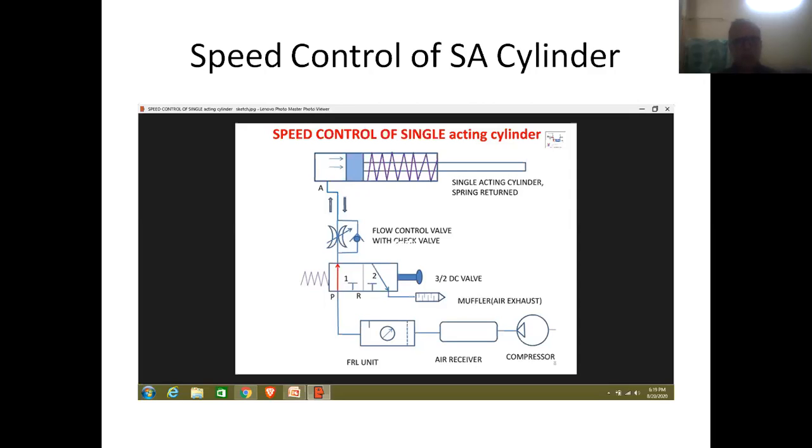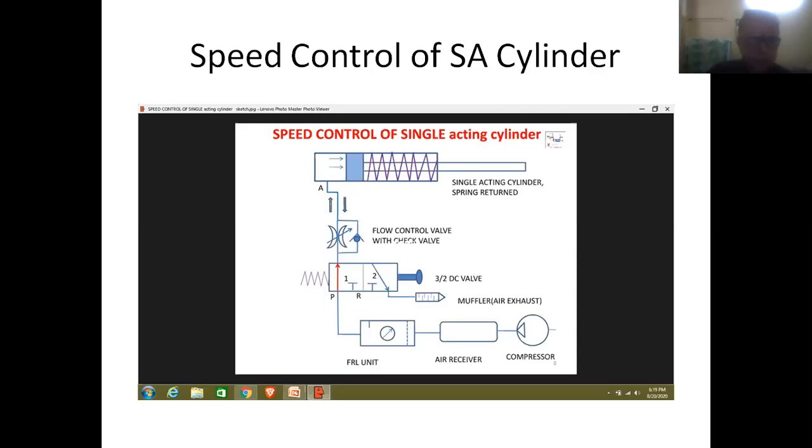And finally, friends, we can see the inlet of the regulator. It is placed in the bottom portion, and here we have the outlet of the regulator. Now, as usual, the inlet of the regulator is connected to the pipeline that is coming from the outlet of the DC valve.